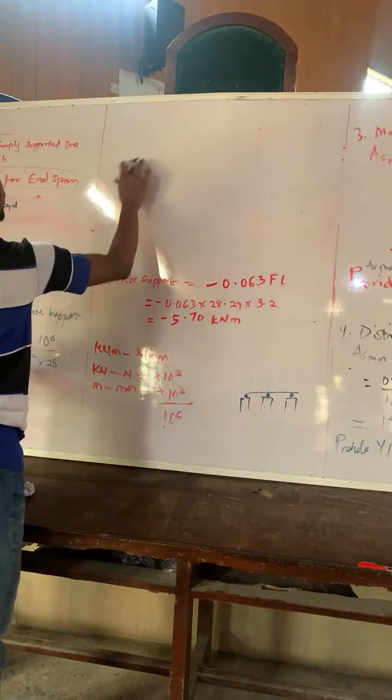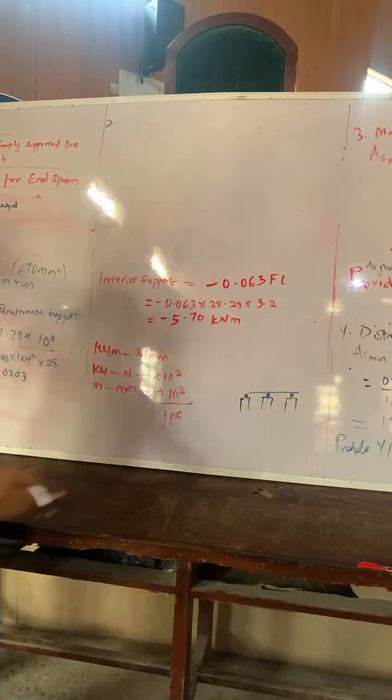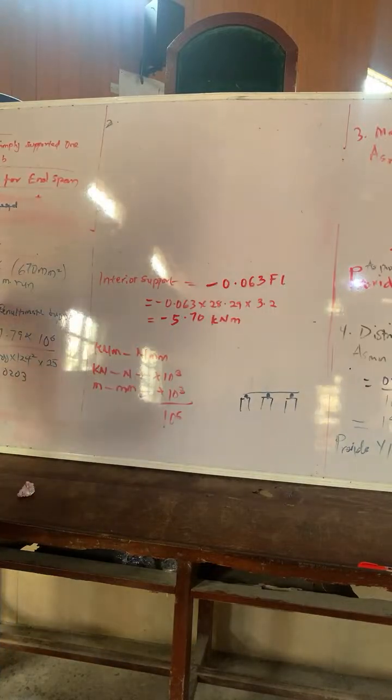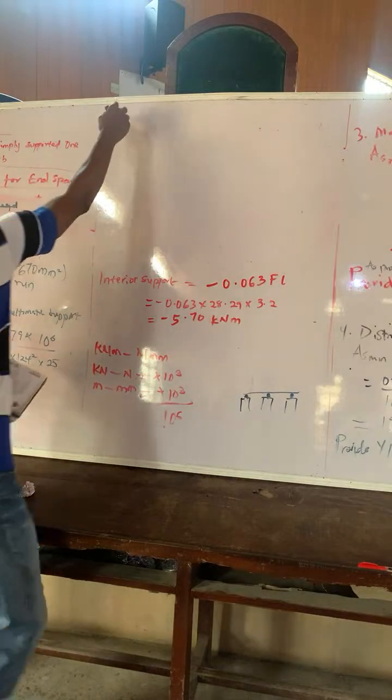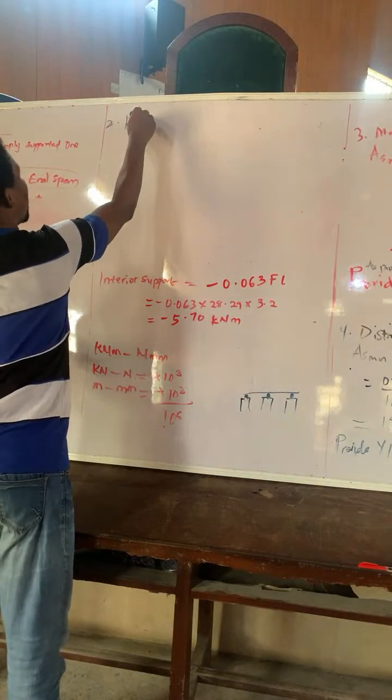Now, two. All these are under penultimate support. We are under reinforcement for penultimate support. Can we move on? So now we have our lever arm.